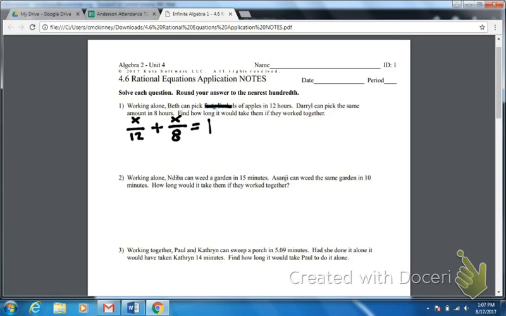Now, again, some of you may be good at coming up with the lowest possible common denominator, but this will work every time. As long as you have a calculator handy, it's not going to be a big deal that the numbers get large. You see a 12 and an 8? We can just use a 12 and an 8.